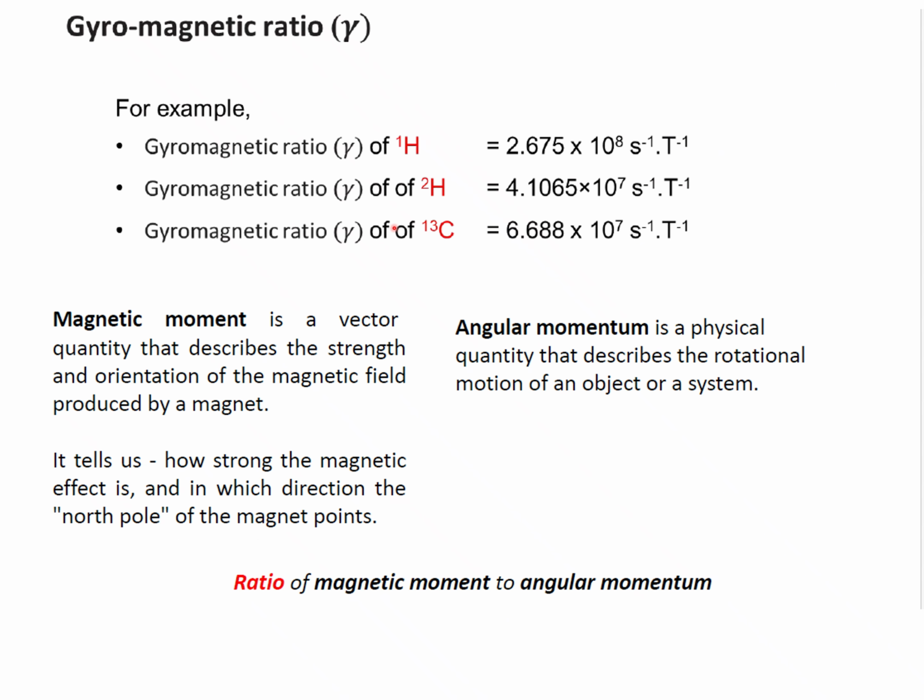So for some atoms, the gyromagnetic ratio has been shown, and two moments we can observe from this theory: magnetic moment and angular momentum.